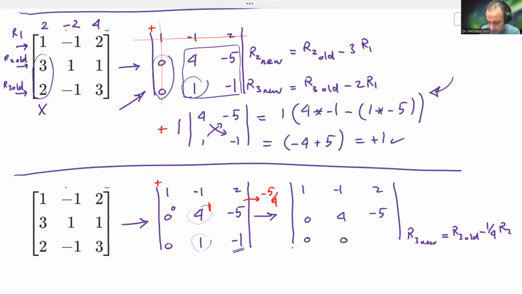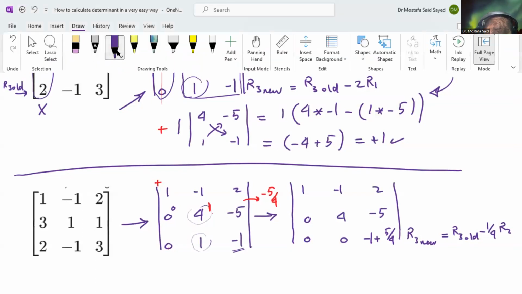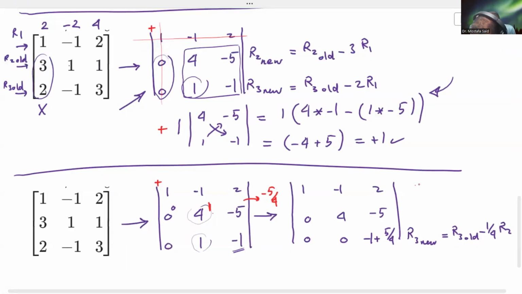So it will be plus. Write it like that: minus 1 plus 5/4. Reduce it later, don't panic, it's very fine. How to make that reduction? It's very easy as well. Let's do it on the side. So minus 1 plus 5/4. The 1 can be written as 4 divided by 4.